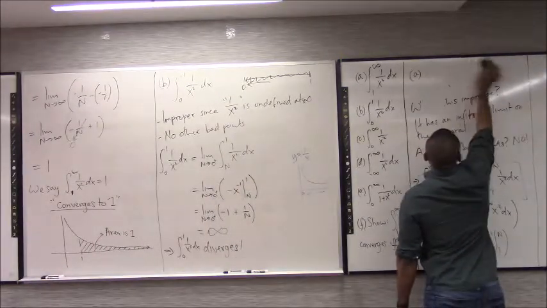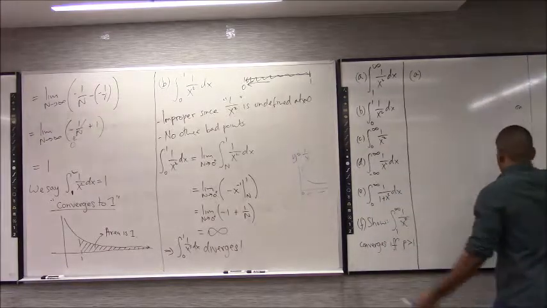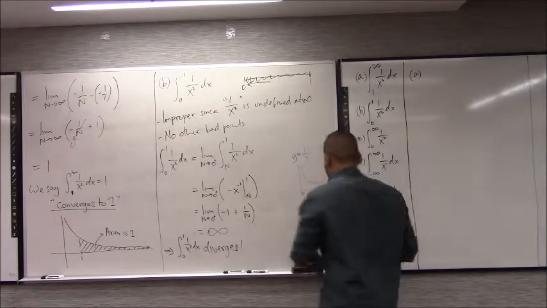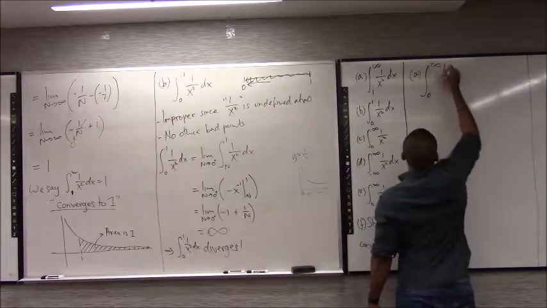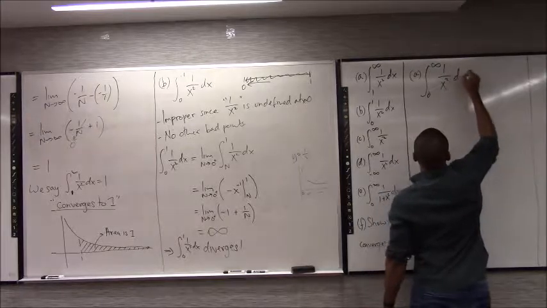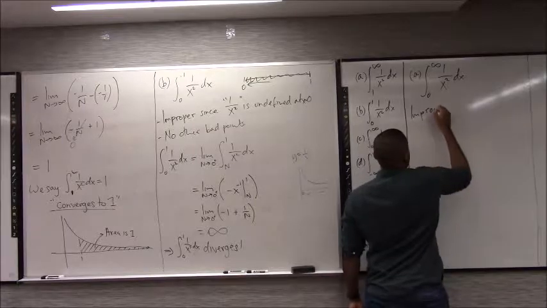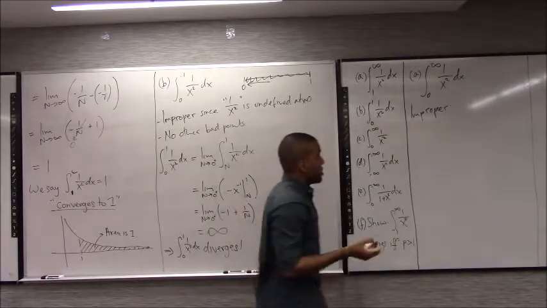Okay. What about 0 to infinity? You already know it's going to be undefined, but let's pretend it was a problem and we didn't know what was coming. So this is improper, and now it's improper for 2 reasons.